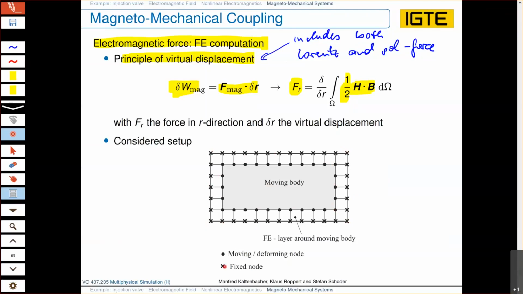So these crosses are fixed nodes, they cannot move, and the points can virtually move in order to fulfill this relation between virtual change of the magnetic energy and force moving the body in a direction r.